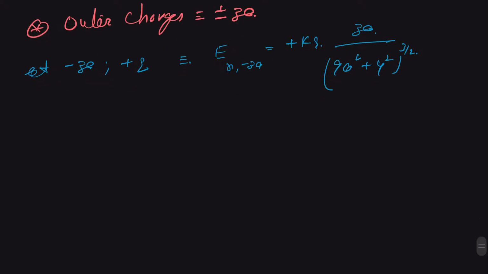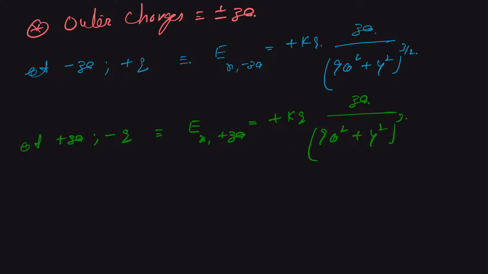And at plus 3a, the charge is minus q, so the horizontal electric field because of the charge at plus 3a will be equal to minus kq divided by 3a, and this comes as (9a² + y²)^(3/2).